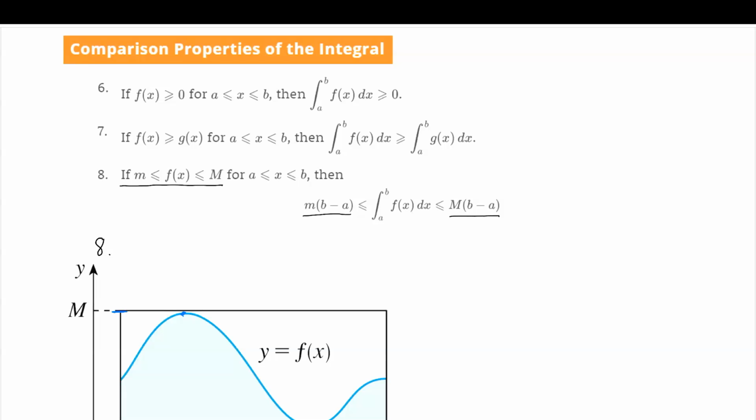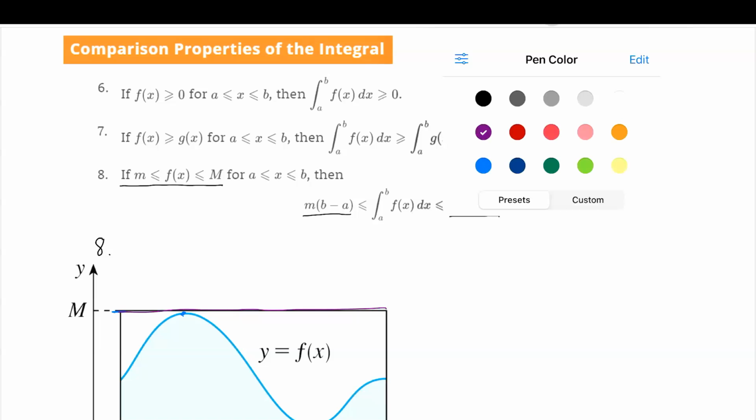This area is height, little m, times width, b minus a. So this is just a rectangle with height little m and width b minus a.